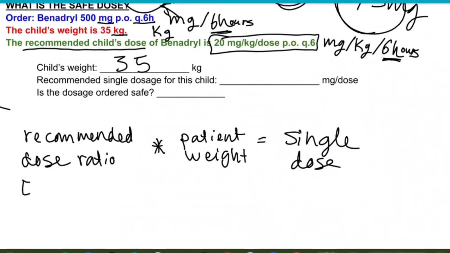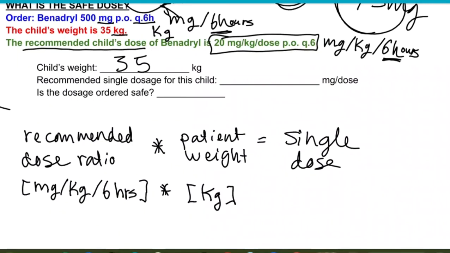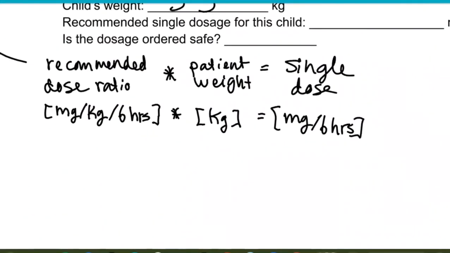So the units are going to be milligrams per kilogram per 6 hours times kilograms equals milligrams per 6 hours.